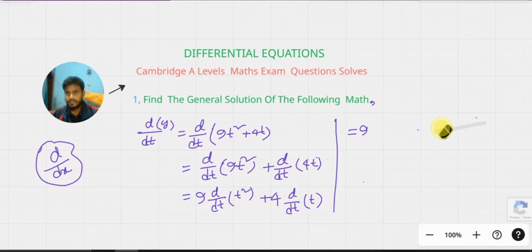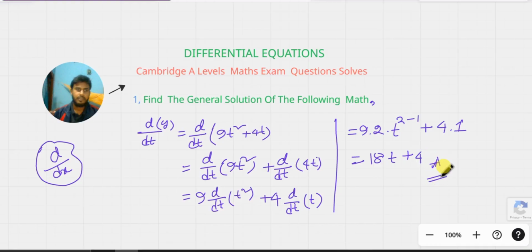So the result will be n into x to the power n minus 1. So 9 times 2, that means 18, and 2 minus 1, that means 1. So 18t plus 4. This is the result of this function.